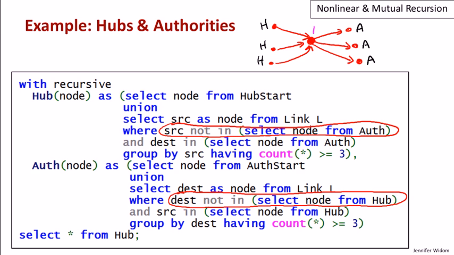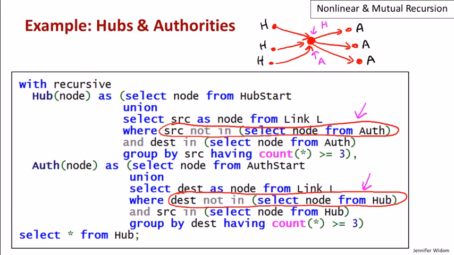So by our definition, this node could be a hub because it points to 3 authorities, and it could also be an authority because it's pointed to by 3 hubs. But the query we've given now is not going to allow us to label this node as both a hub and authority. And just to be clear, in the previous query, we would have put this node in both the hub relation and the authority relation. But now we're not going to be able to do that because of these conditions right down here.